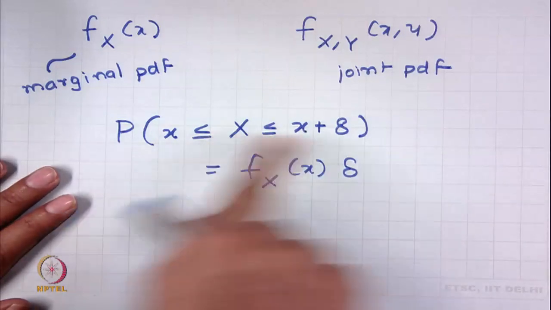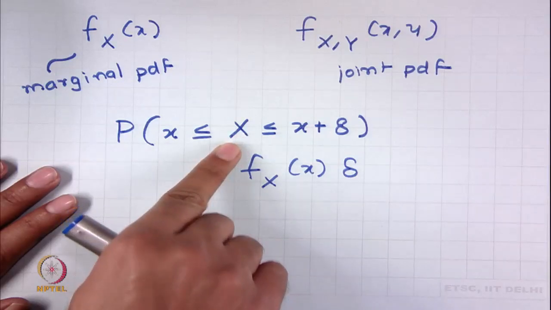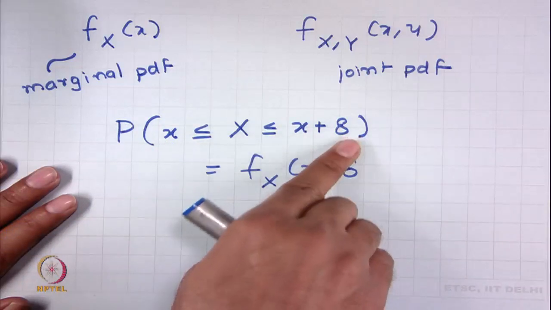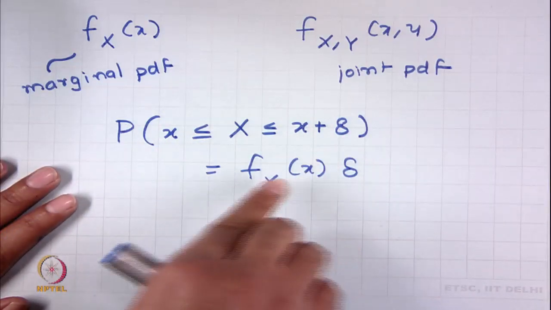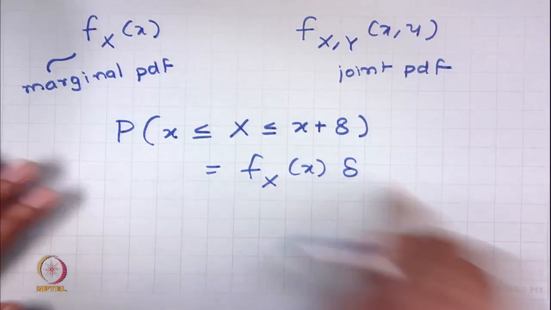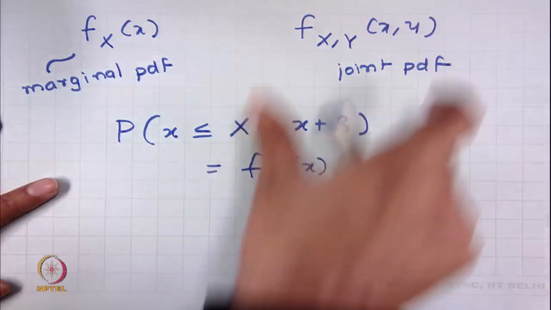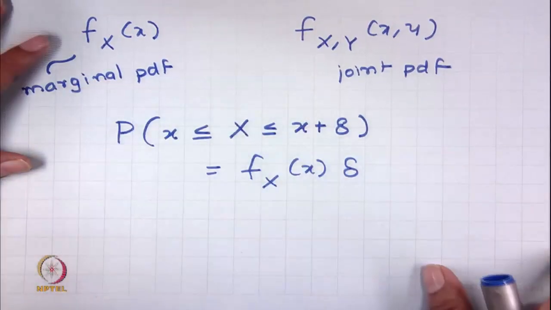That means, here I am just thinking about a single random variable x, and the probability that it takes a value between x and x plus delta is nothing but the marginal PDF of that random variable times delta. Okay. And let me try to interpret this quantity in terms of the joint PDF to establish a relationship between the marginal PDF and the joint PDF.